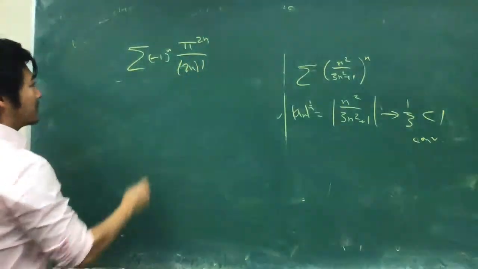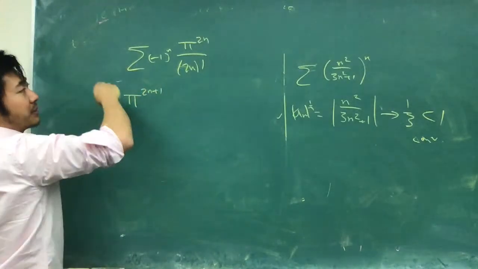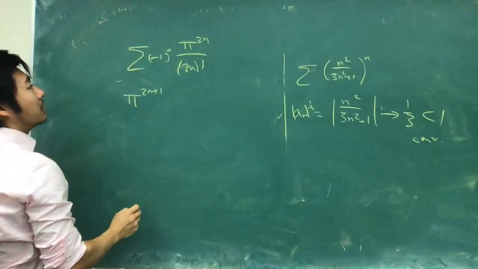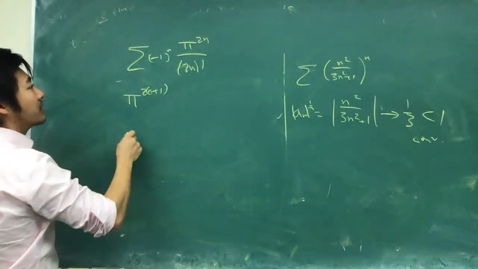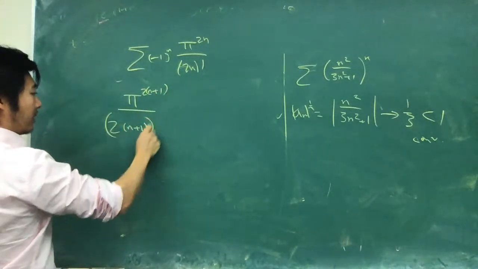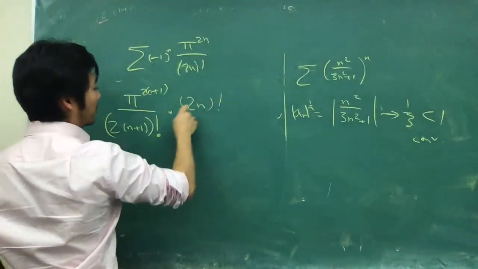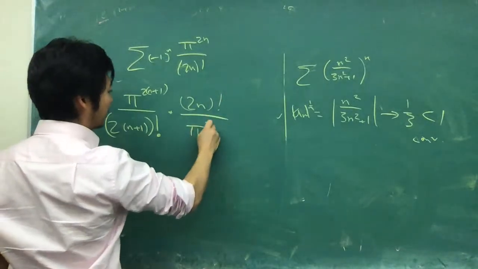use the ratio test. So this is going to be pi 2. And the ratio test, you take the absolute value. So this doesn't really matter. So this is 2n plus 1 over 2n plus 1 factorial times 2n factorial over pi to the 2n.